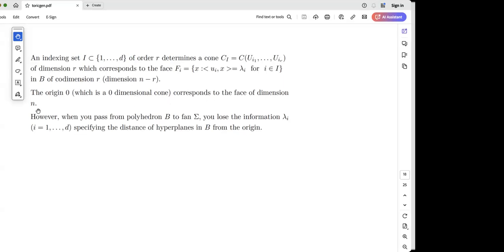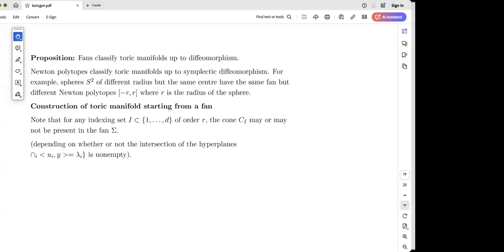However, when you pass from the polyhedron B to the fan sigma, you lose the information lambda_I, specifying the distance of the hyperplanes in B from the origin. So fans classify toric manifolds up to diffeomorphism.